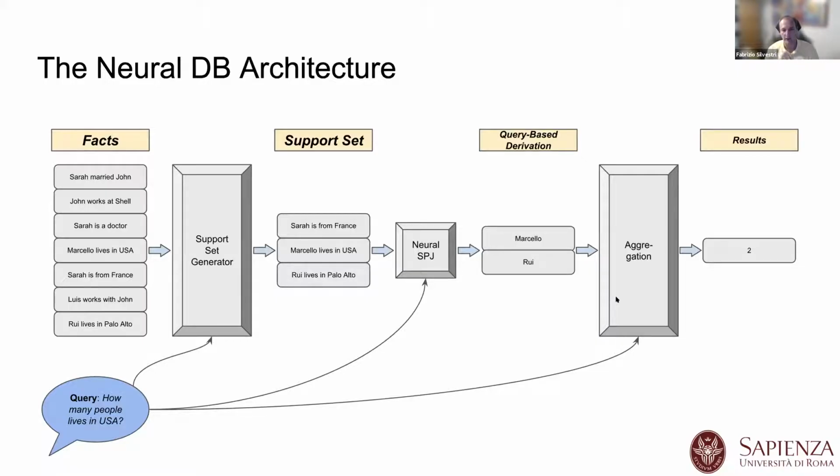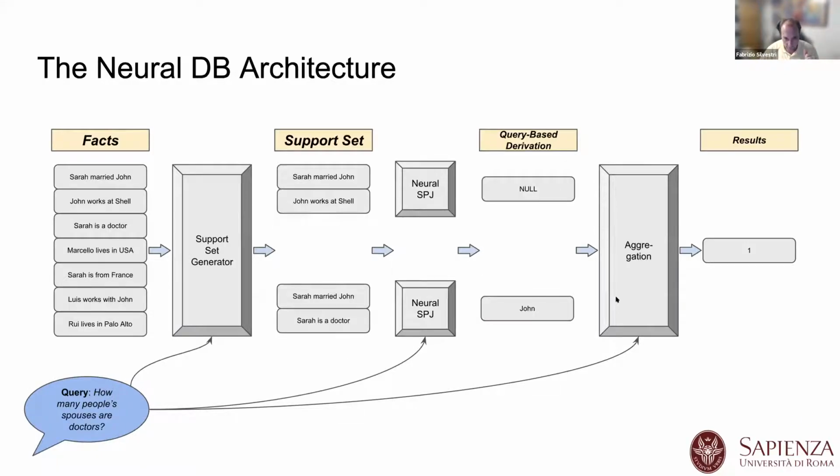The query is used in the Neural SPJ to understand, first, which kind of query, set, argmax, argmean, whatever. And second, to actually output the data that can be then used in the aggregation phase. And the aggregation phase, again, is using the query to know which kind of aggregation you need to do.